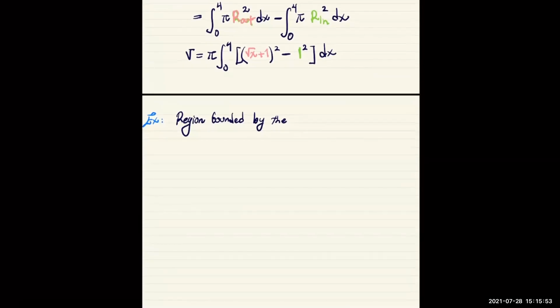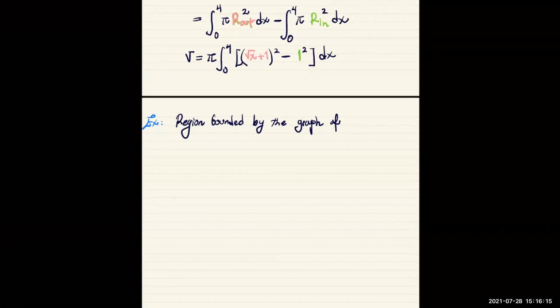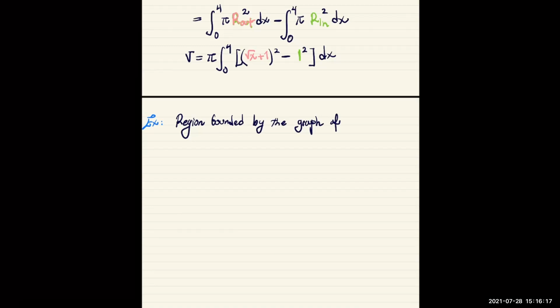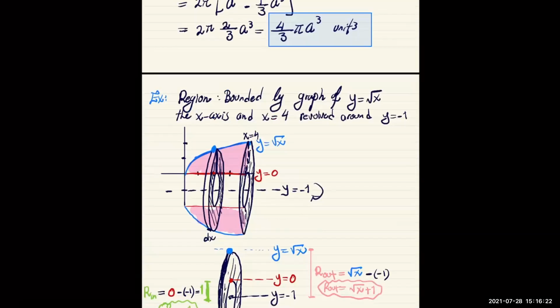Okay, so here the region is bounded by the graph. Let's go with the square root function probably. Give me a second. Let me see if I can find a good function. Yeah, this will be good.